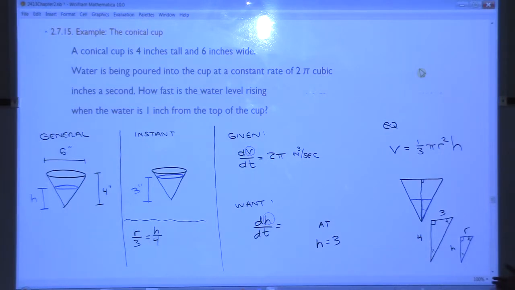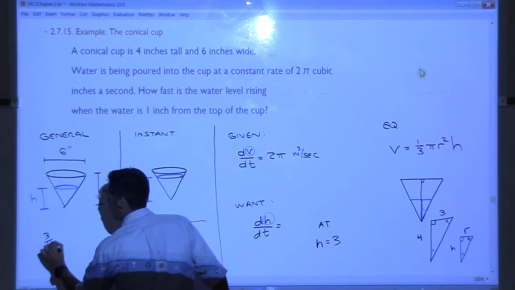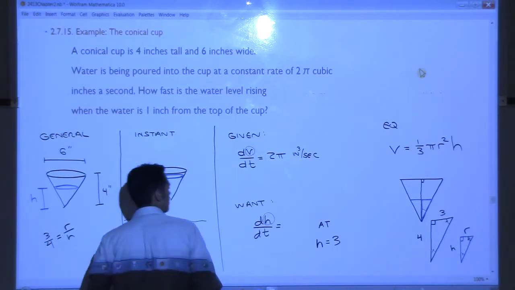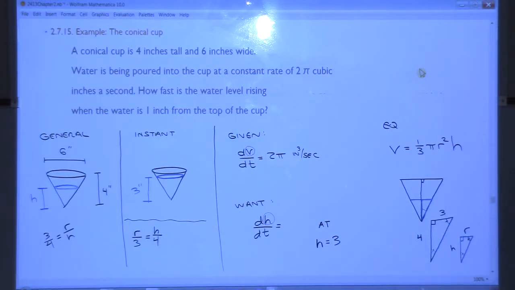I could go 3 over 4 is equal to R over H. Any others? There's a couple, right? You could go 4 over H equals 3 over R. You could go H over R equals 4 over 3.